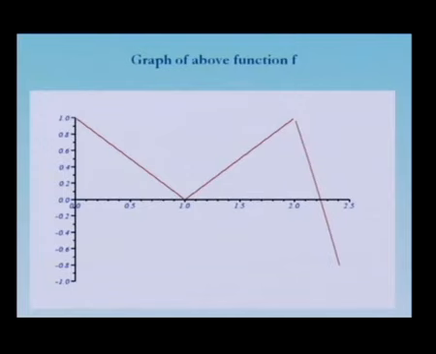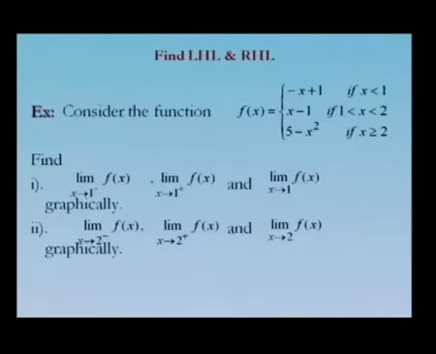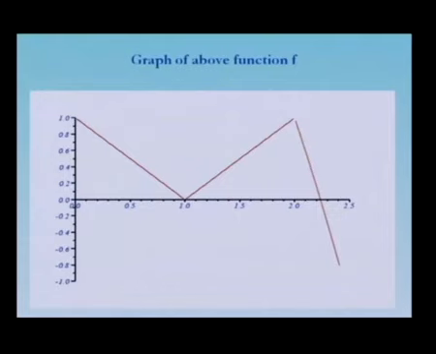It is a straight line from 0 to 1, and at the point 1 it is not defined, and then in the interval 1 to 2 it is again a straight line, and from 2 onwards it is given as a curve.